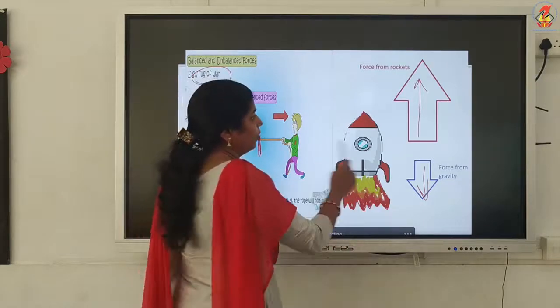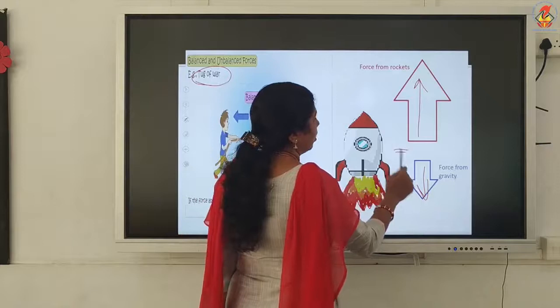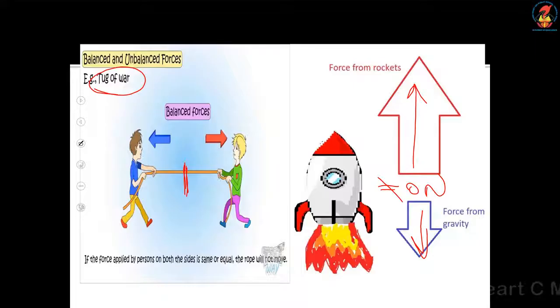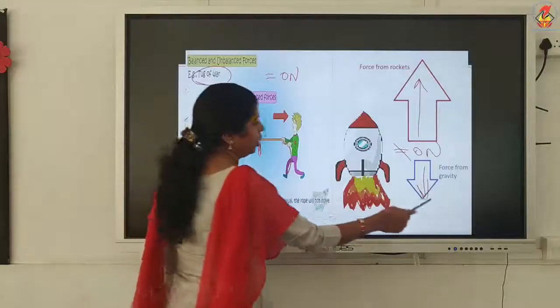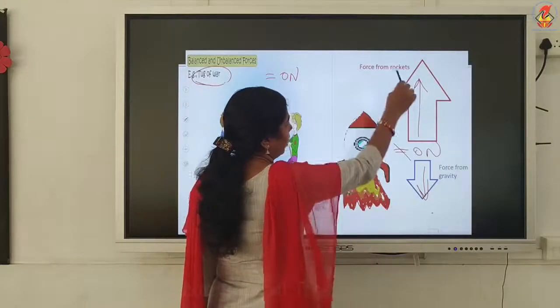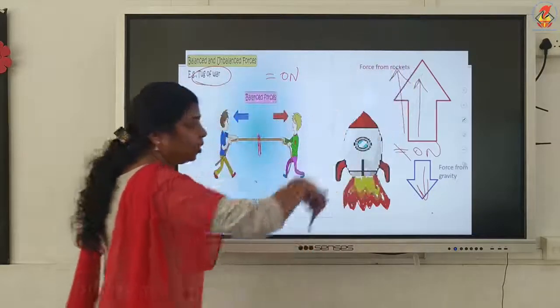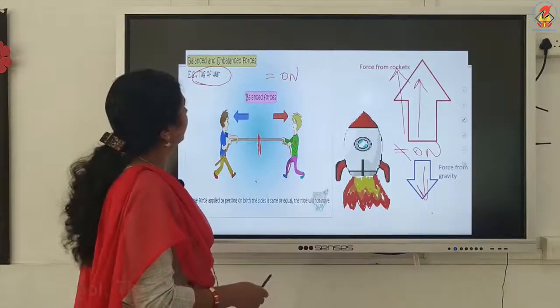Net force is not equal to 0 Newton. Here net force will be equal to 0 Newton and the object will not move. Here the object will move in the upward direction.